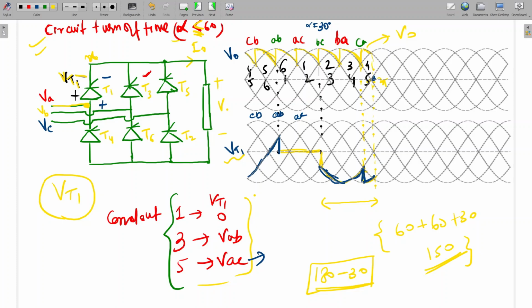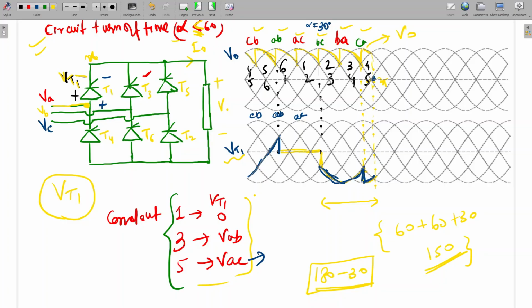One second, did you make any mistake? AC, AB, BC, CA, are these notations correct? Can you verify once? This first one is AB, then BC, then CA. CA is this one, and AC is this one.